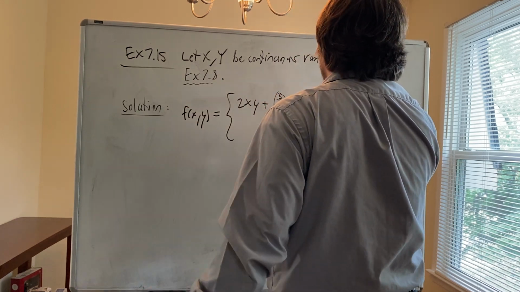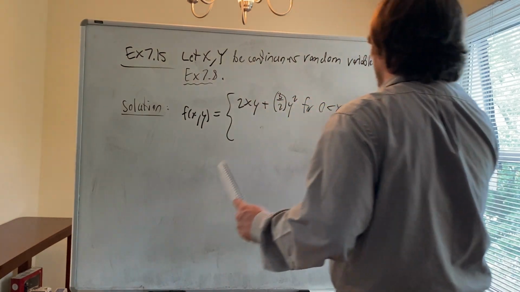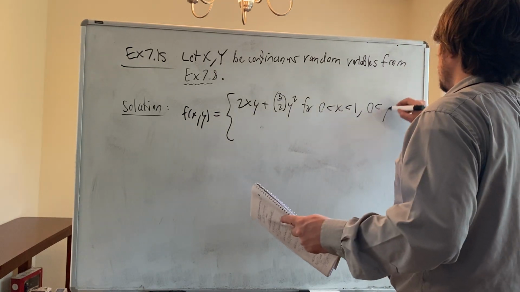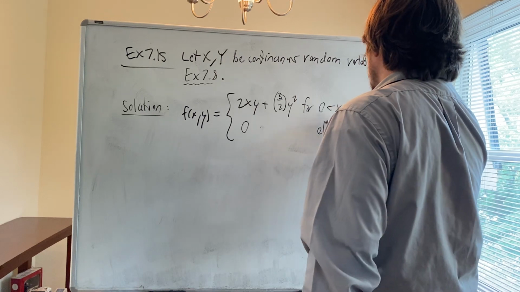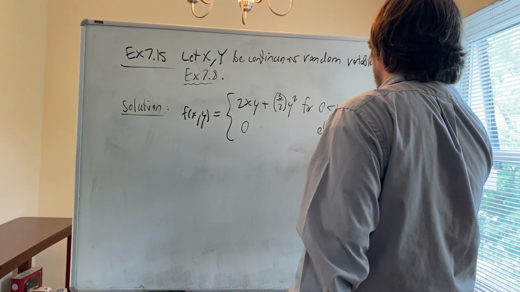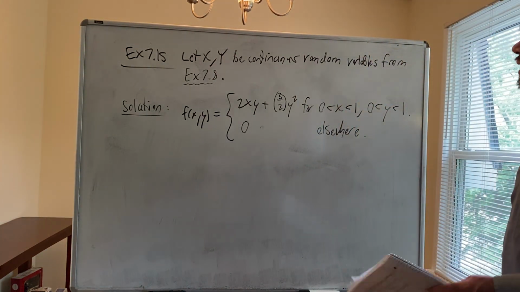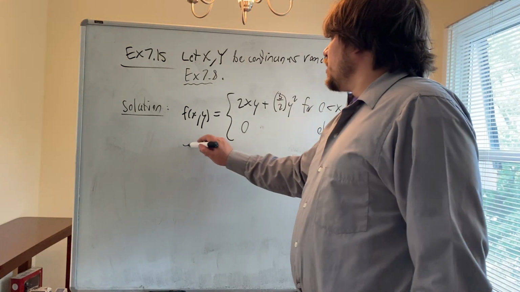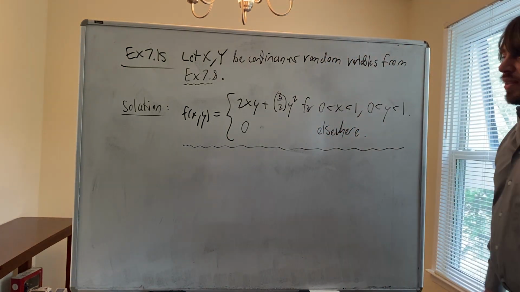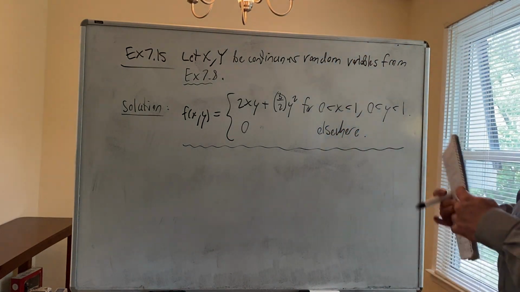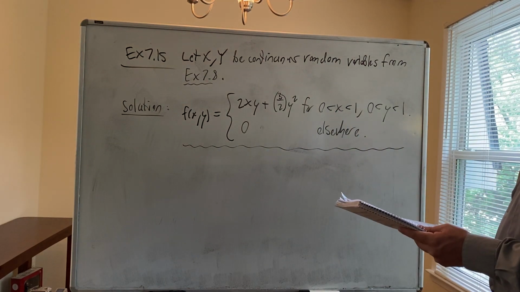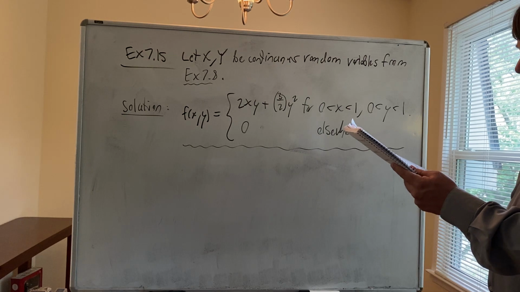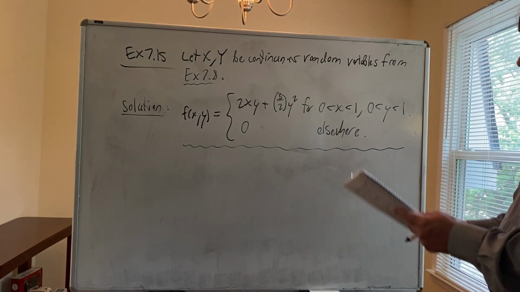And this is for 0 less than x less than 1, 0 less than y less than 1, and 0 elsewhere. Okay, so this was from example 7.8. So from exercise 7.8, that's the joint probability density function.